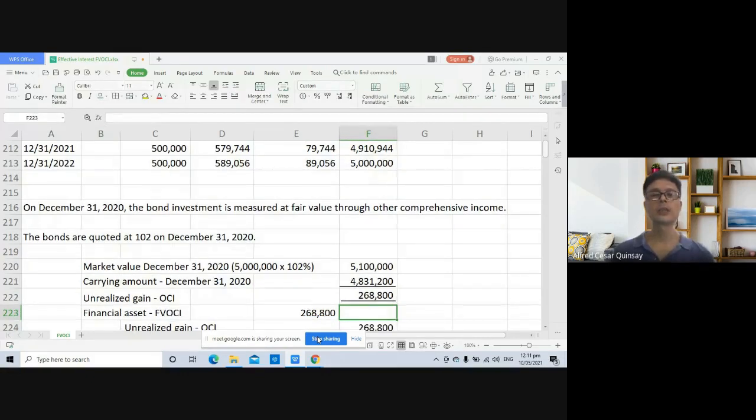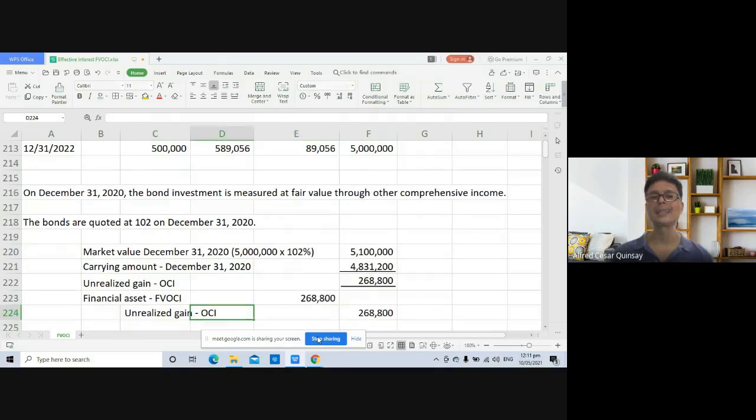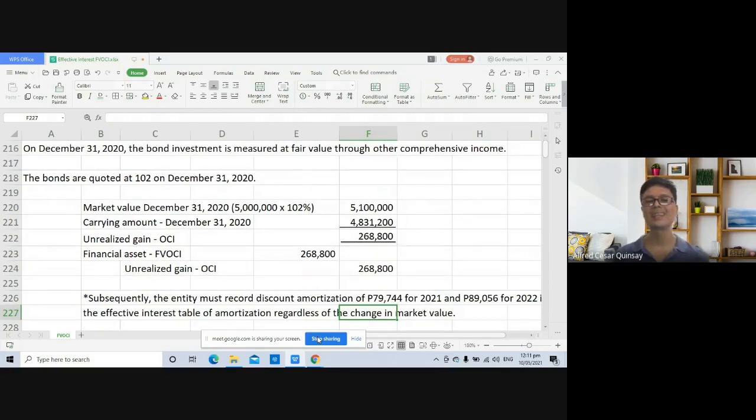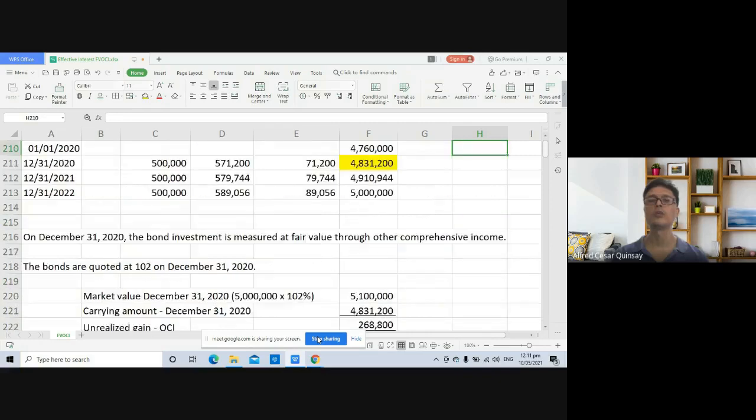So kukunin natin yung pinaka unrealized gain niya, so debit financial asset for 268,800 and credit unrealized gain of 268,800. Yan. So subsequently, the entity must record discount amortization of 79,744. Ayun. Yun.